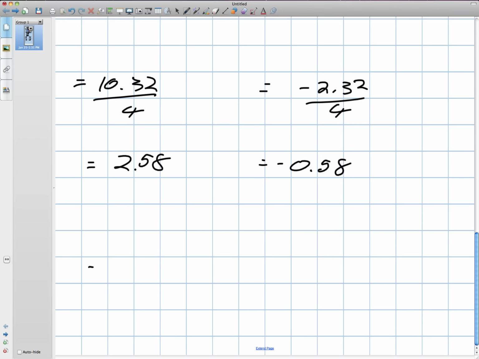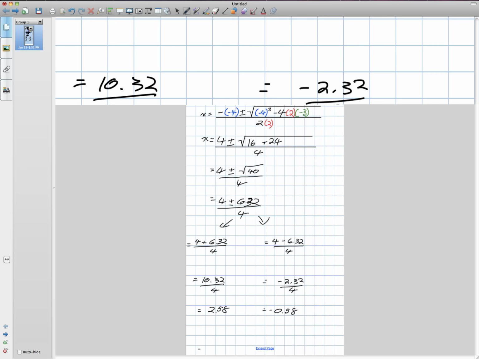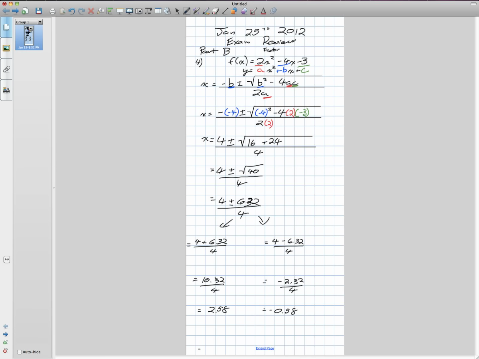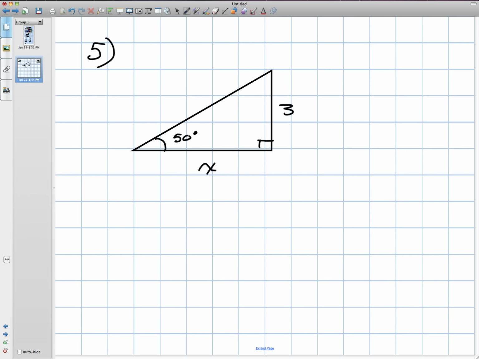So the two answers would be 2.58 and negative 0.58 in this question. So those are our two factors, okay? Or our x-intercepts are 2.58 and negative 0.58.